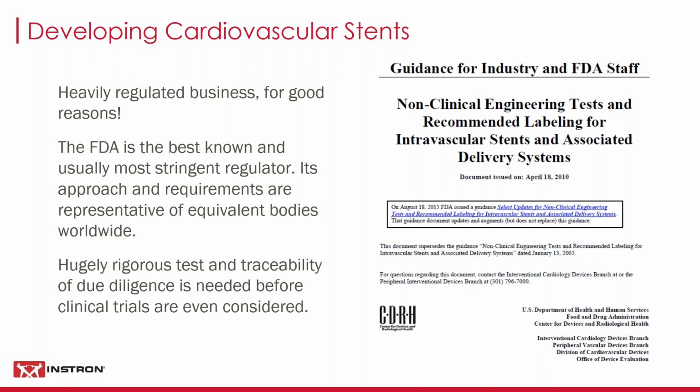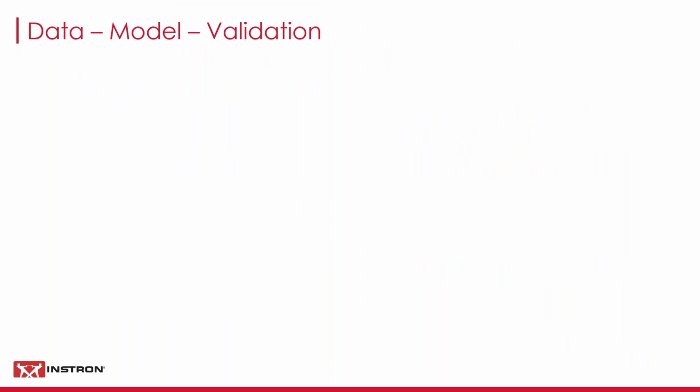This is a 55-page document, which, if you look at test and development standards in other industries, is fairly significant. But it's representing a really very rigorous test and traceability program, and you have to show you're working, as those of us who have kids know that they have to be told all the time, show you're working in the exam.